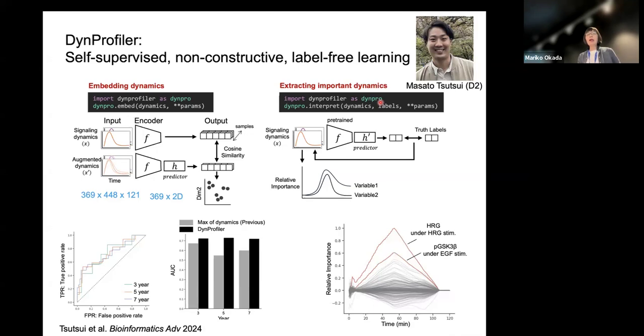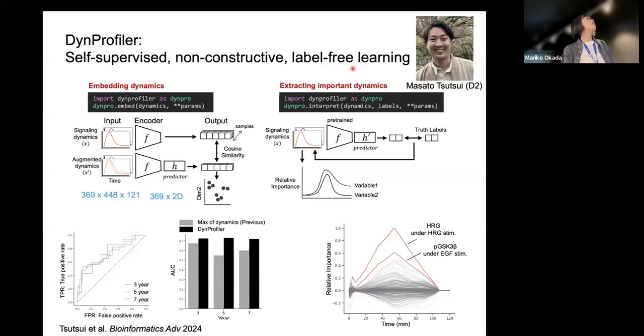At the time, it was before 2022. After that, AI and deep learning became commonly used. So Masato has developed a self-supervised, non-constructive and label-free learning method using a one-dimensional neural network.